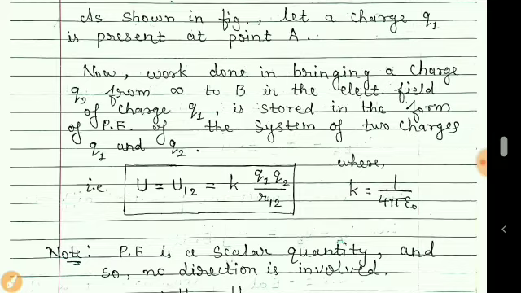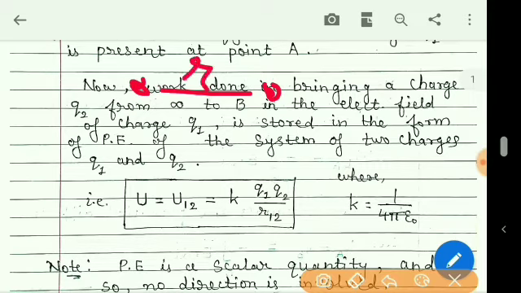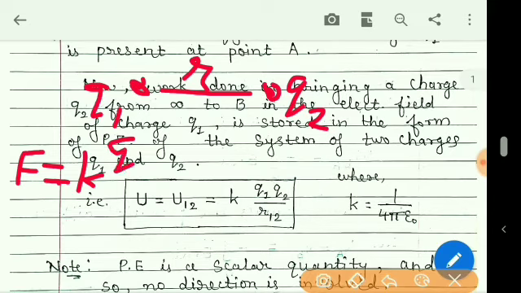We know that if two charged particles are separated by distance r, then the force acting between these charges Q1 and Q2 is given by F equals K Q1 Q2 upon r square.